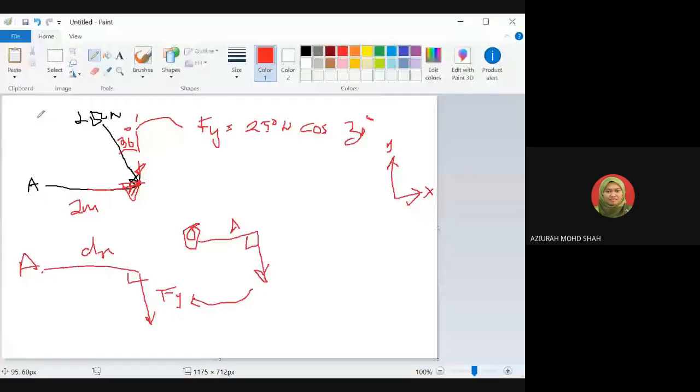Maksudnya kalau selari dengan parallel melalui ataupun the same line of action, it cannot have moment. So in this case, Fx takkan hasilkan moment lah.